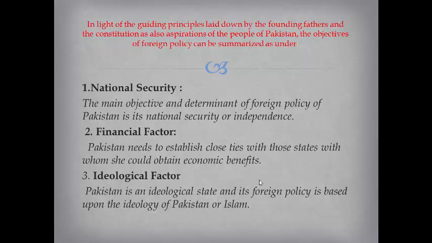At the time of independence, Pakistan was very weak economically and financially, because the region in which Pakistan was located had no proper industries. So at her very birth, Pakistan was economically and financially a weak country.